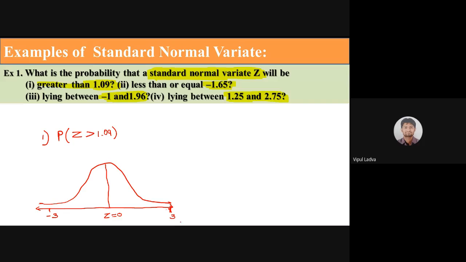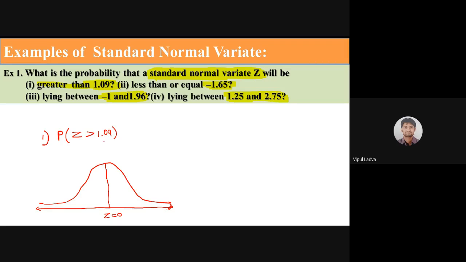So 99.74% of the data is always between minus 3 and 3, as we discussed in the properties of the normal distribution, why the interval minus 3 to plus 3 includes 99.74% of the data. This is what we are supposed to represent in each and every example. You have to draw this sketch every time.